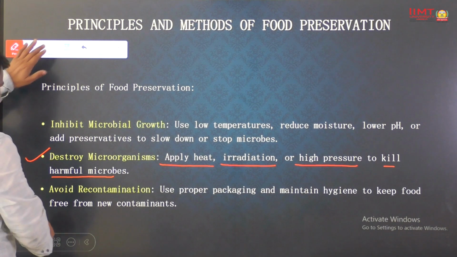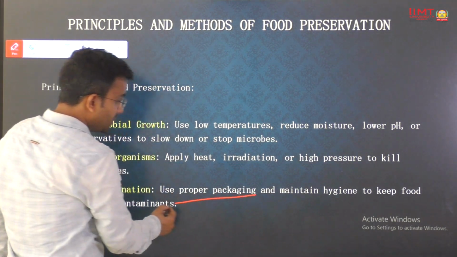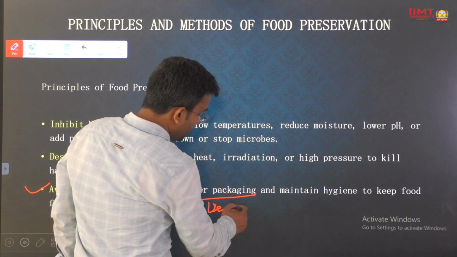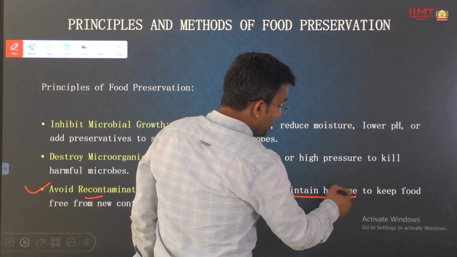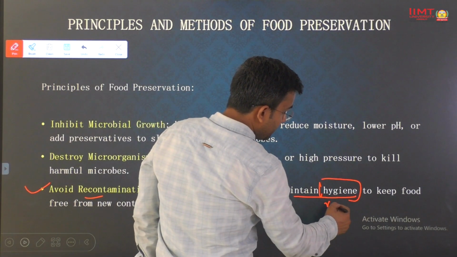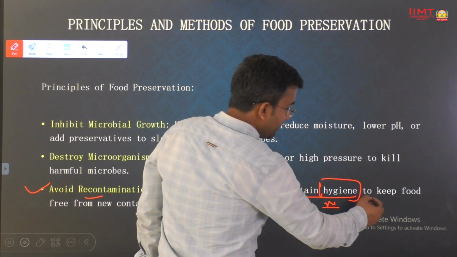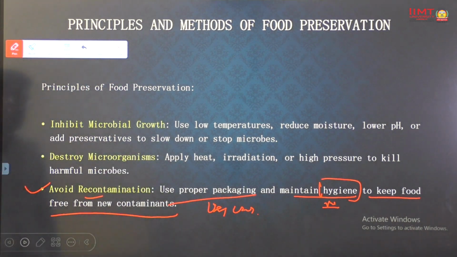And third one is avoid the recontamination, means use proper packaging, don't use repackaging or used packaging. Maintaining hygiene is also a main parameter for food handling and packaging in our daily life. So keep the food free from new contaminations.